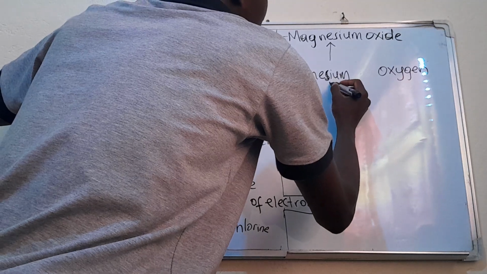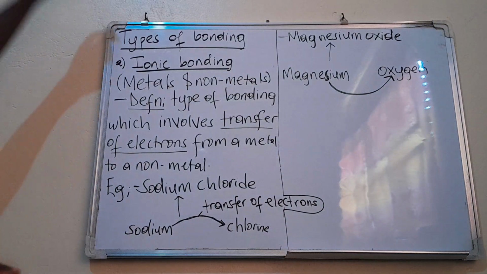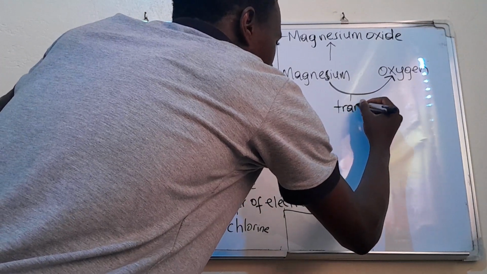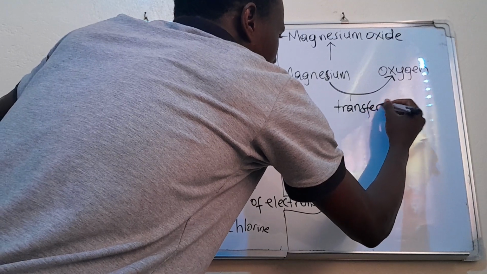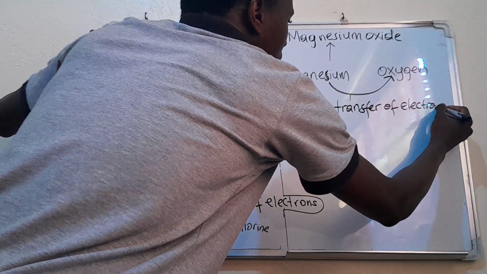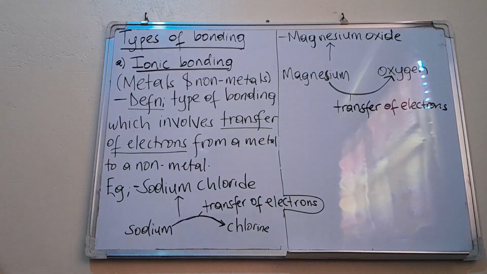So magnesium transfers electrons to a non-metal, which is oxygen. This arrow is demonstrating transfer of electrons from a metal, magnesium, to a non-metal, oxygen.